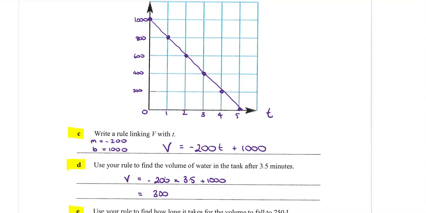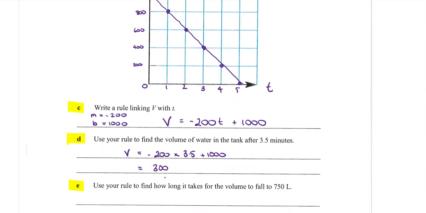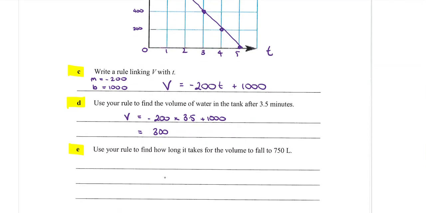Question E, use your rule again to find how long it takes for the volume to fall to 750 litres. That is going to be the V in the equation, and I'm going to solve it to find the time this time. So back to my rule, the V is 750 equals minus 200t plus 1,000. Solving for t, what should I do? First step.